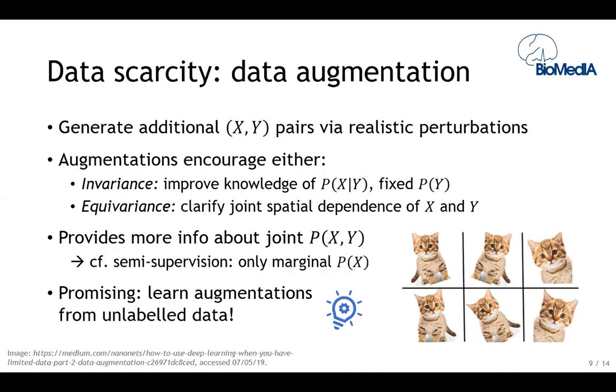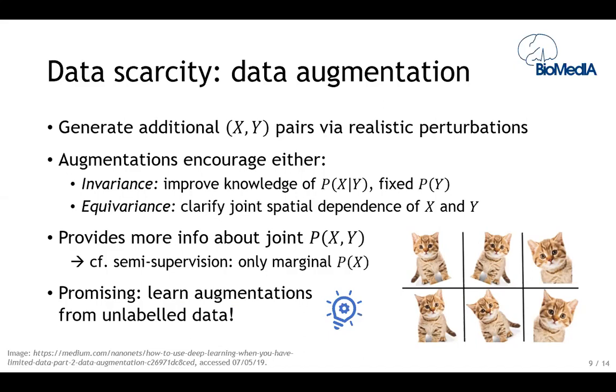So what this does is give us a better idea of what P of X given Y is, but with a fixed P of Y. And equivariance means that we're altering both the images and the prediction targets in the same way. So, for example, for segmentation or for tasks of localization, we want to transform the pixel coordinates in a consistent way between the two.